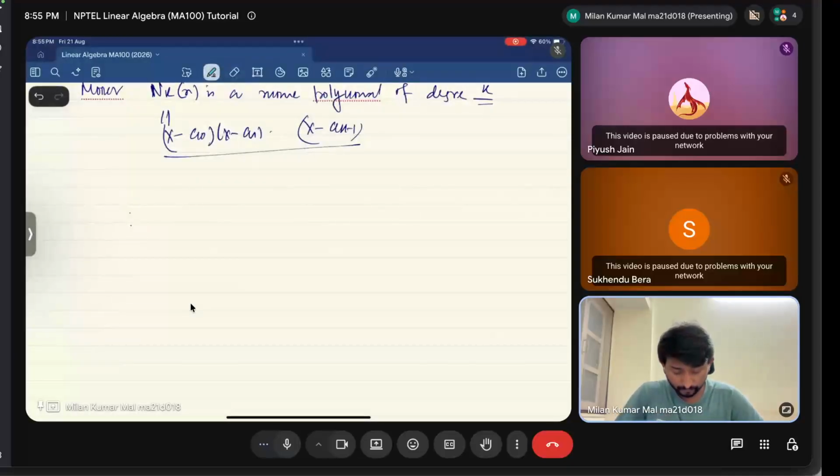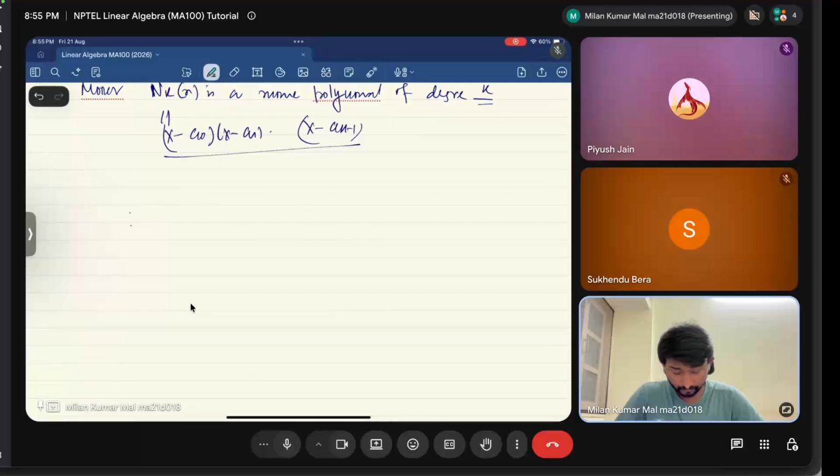The basic idea is that suppose you have polynomials something like this: a naught, which is the constant polynomial, a monic polynomial of degree 0.